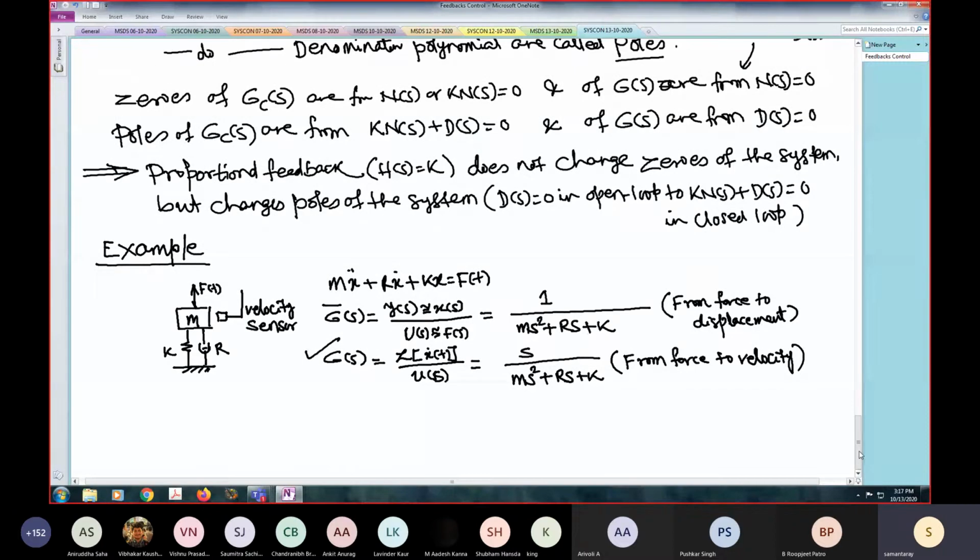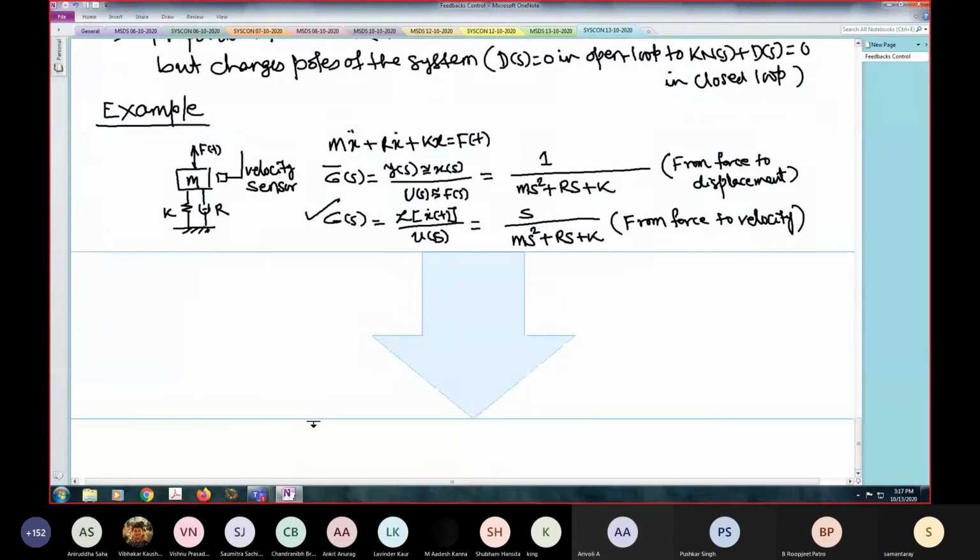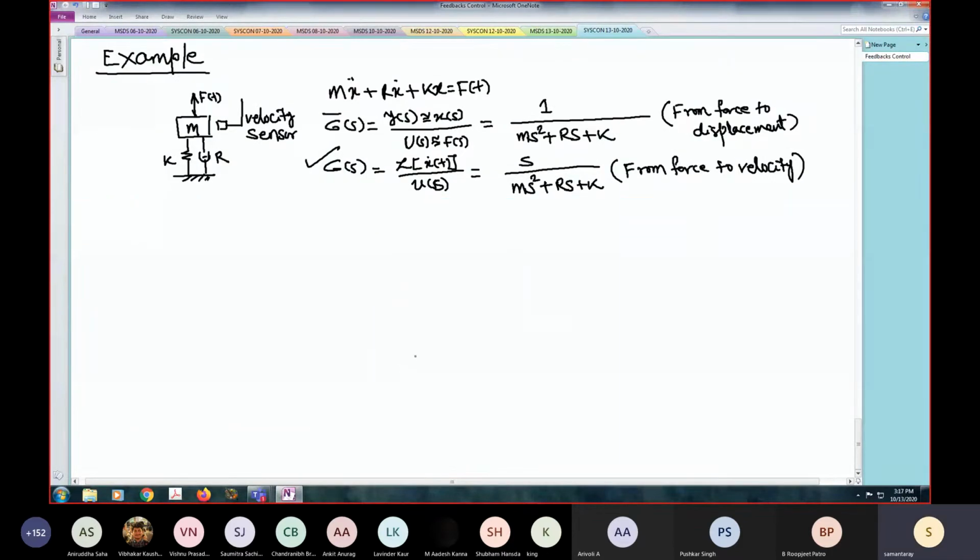Let us now take two different systems, or a closed loop system. I modify this to this: M, K, no R. I sense velocity.